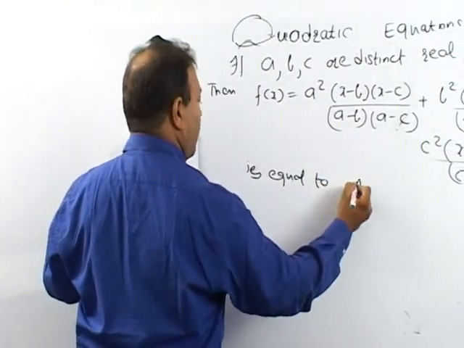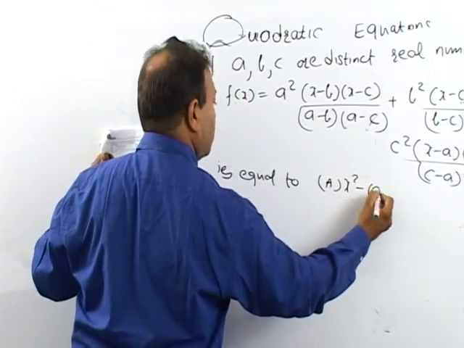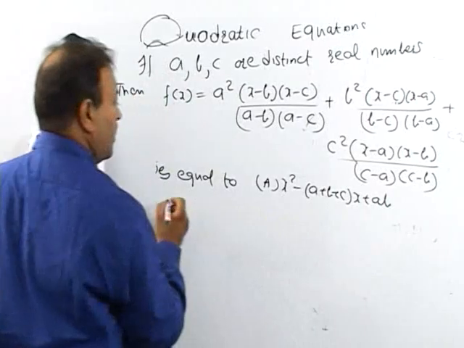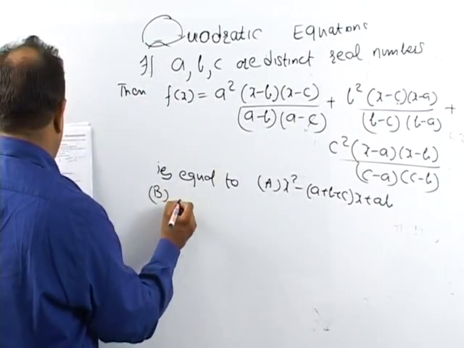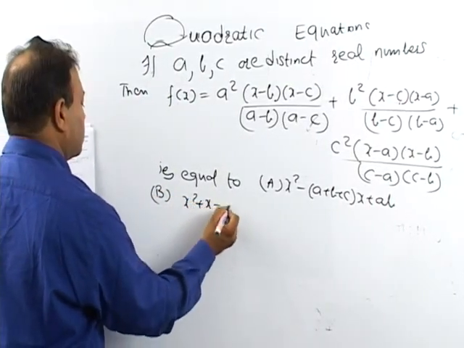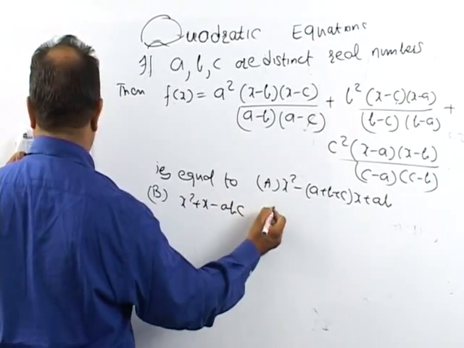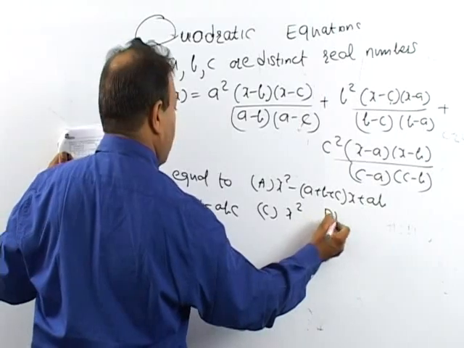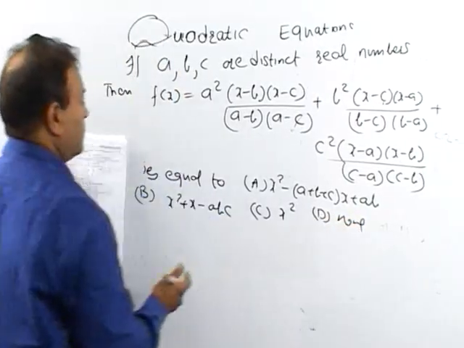A option we have been given x square minus (a plus b plus c) x plus ab. B option is x square plus x minus abc, and the C option is x square, and the D option is none of these.